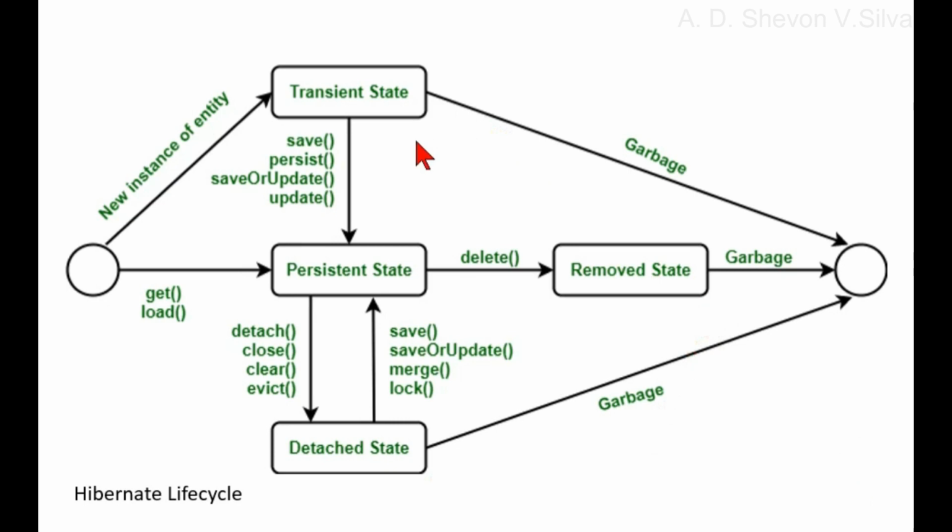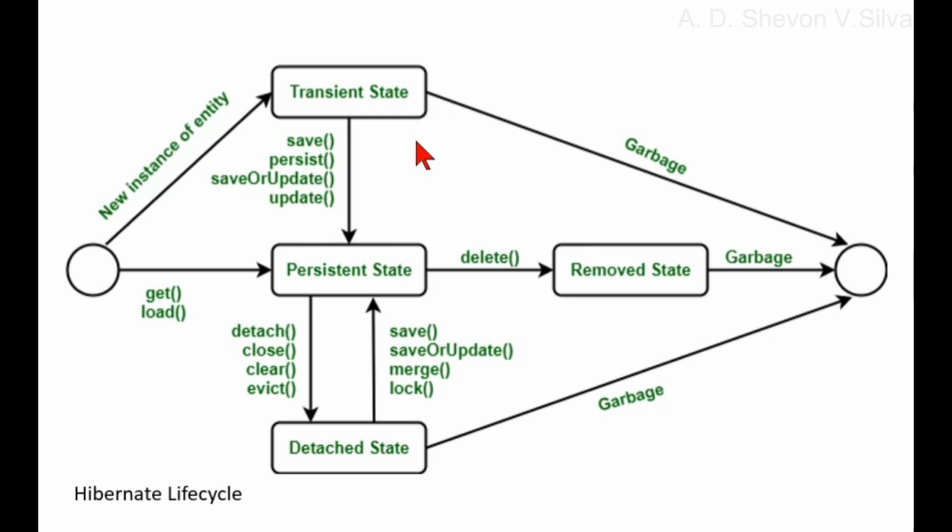The transient state is the first state of an entity object. When we instantiate an object of a Pojo class using the new operator, then the object is in the transient state. This object is not connected with any Hibernate session.